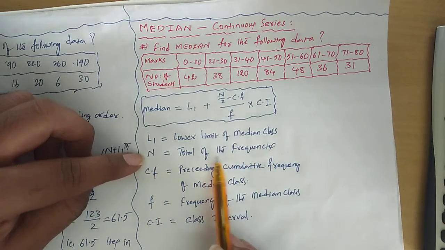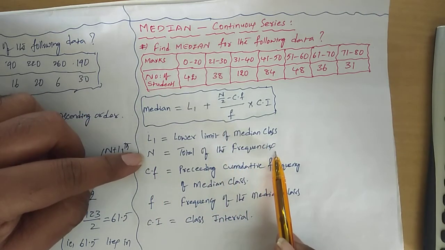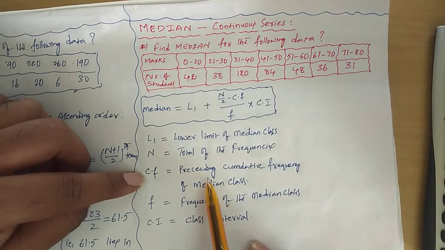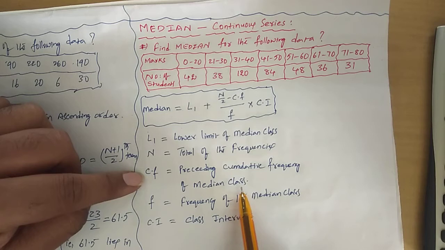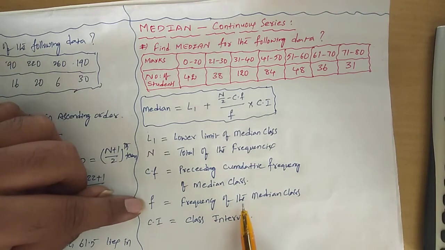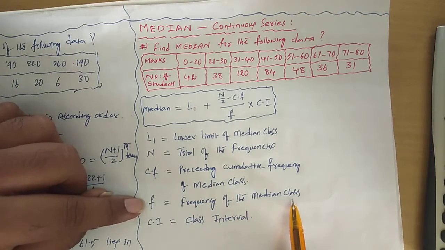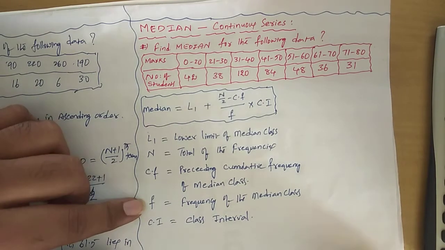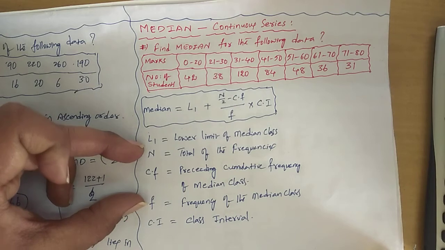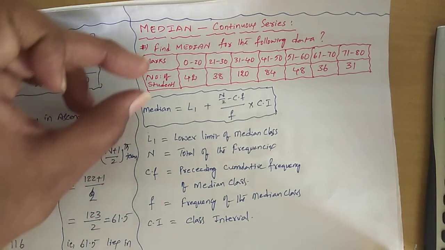N stands for the total of the frequencies. CF stands for the preceding cumulative frequency of the median class. F stands for the frequency of the median class, and CI is nothing but the class interval. All this information we are going to get from this data.